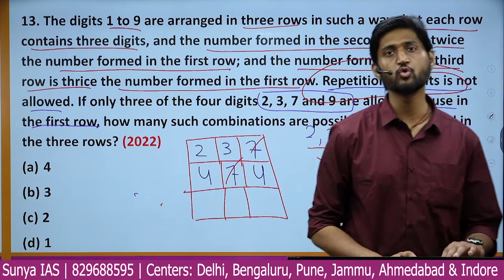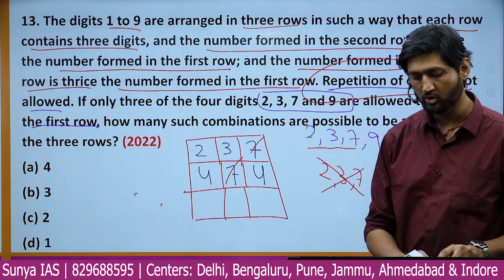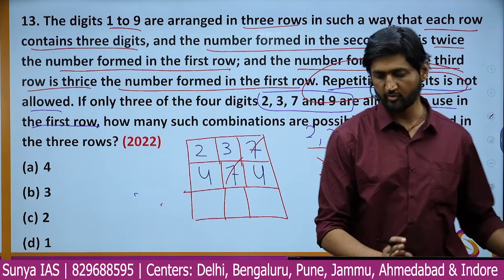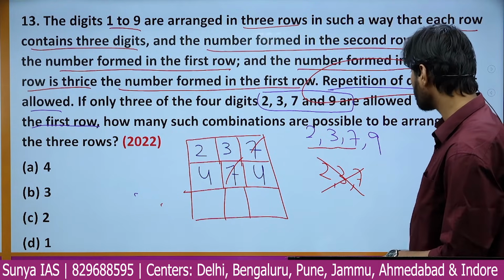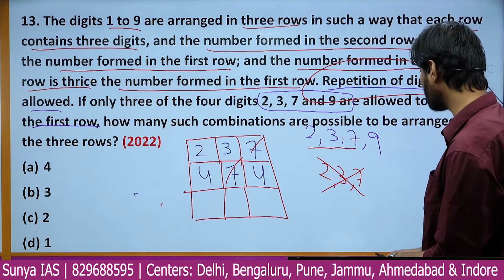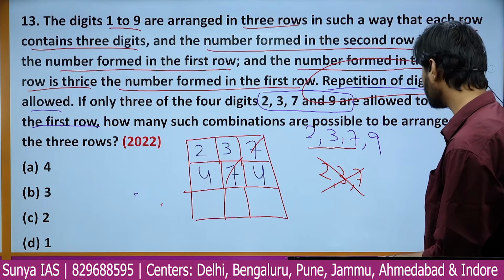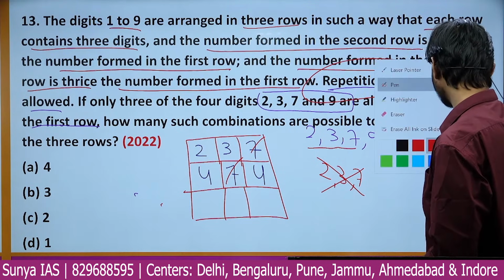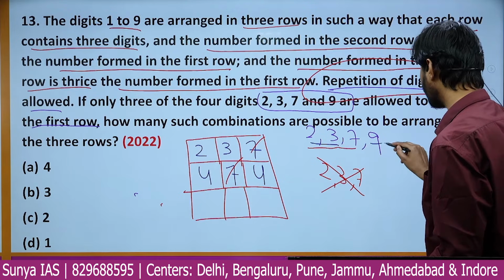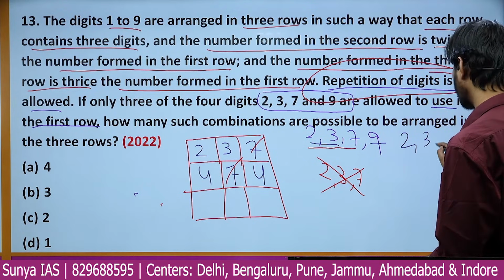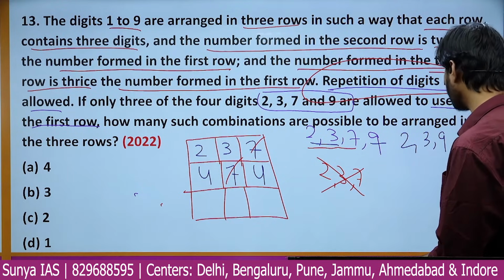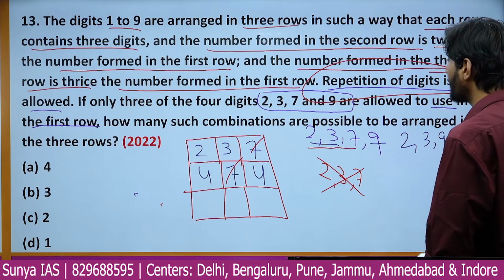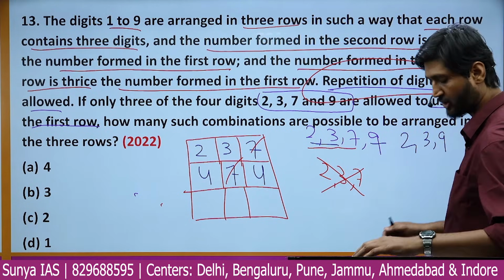So you have to choose with another set of digits. So what will that be? As you can see, another set of digits can be 2, 3 and 9, right? So let us try this same thing with 2, 3 and 9. We'll place these 2, 3 and 9 in that matrix.